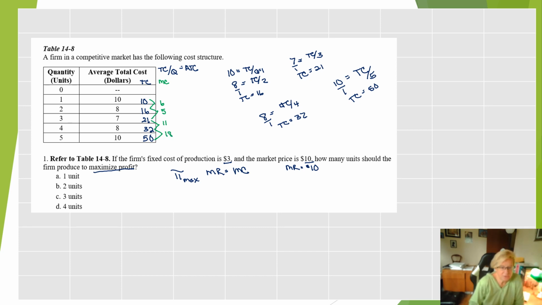Our marginal revenue is 10. Where are we closest? 3 units. So if marginal revenue equals 10, marginal cost is equal to 11. So it's right in between 3 and 4 units, so we're going to say 3 units because it's closer. So the right answer here would be C.